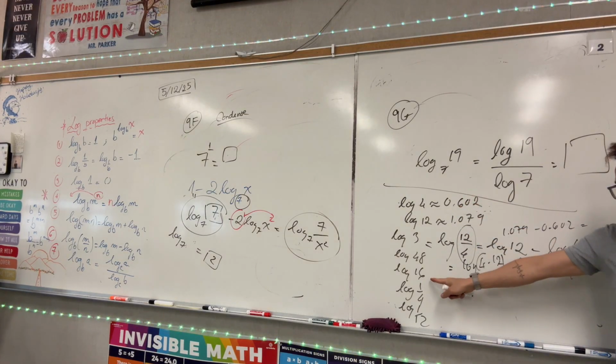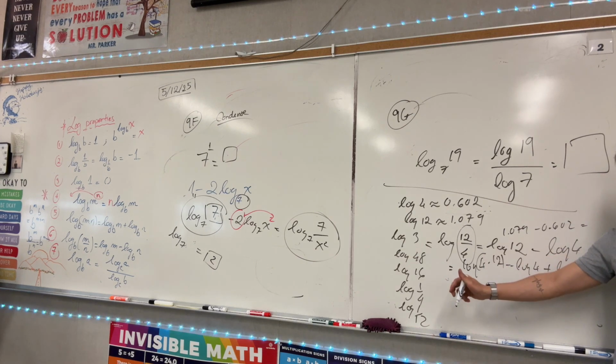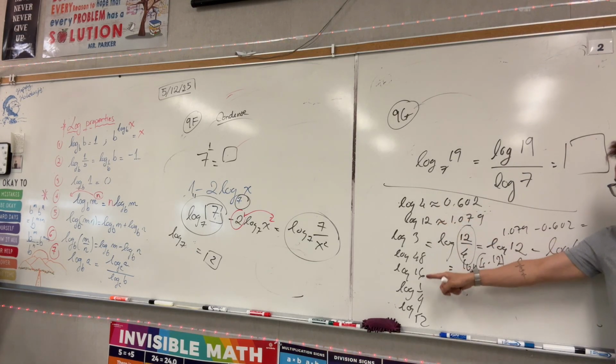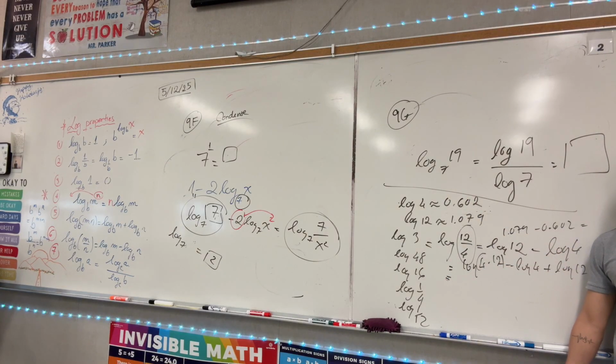Okay? How do you find log 16? 4 plus 12? No. Plus doesn't do anything. You cannot do anything with plus. From 4 and 12, you don't even need to use both of them. How did you get 16? 4 times 4.